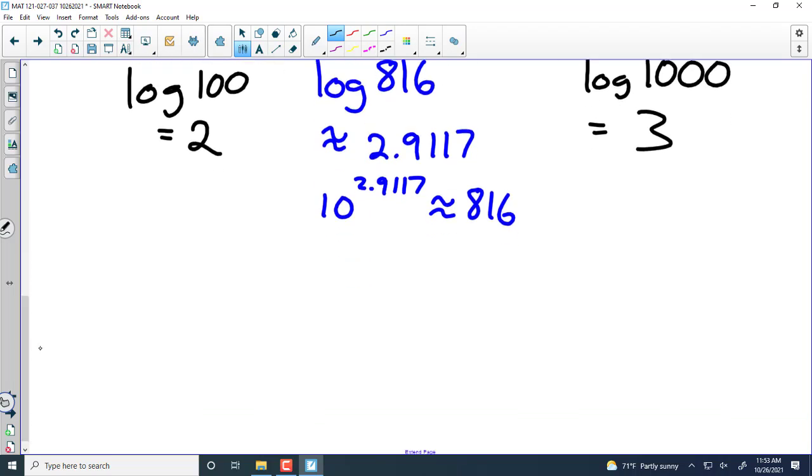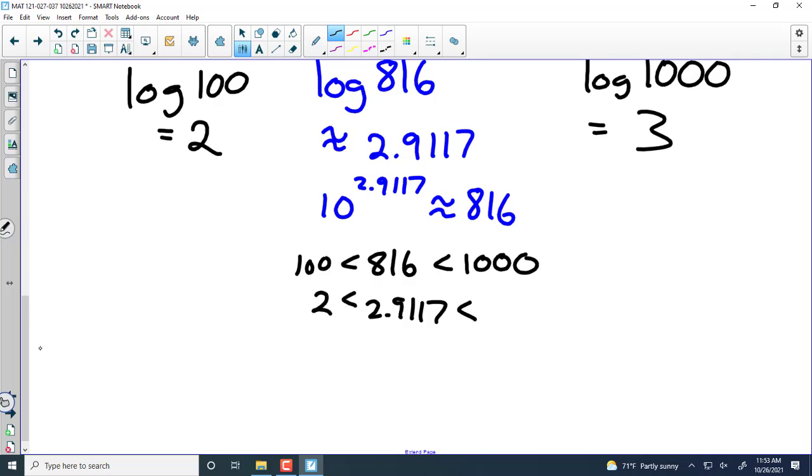Notice that 816 is between 100 and 1,000, and 2.9117 is between 2 and 3. Logarithms actually make sense, everyone. If you take the logarithm of a number between 100 and 1,000, you will get an answer between 2 and 3.